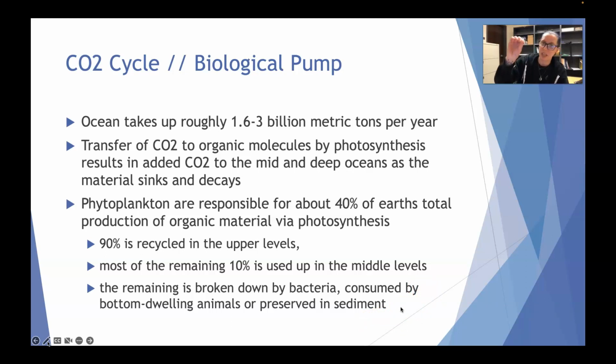So basically a way to think about this is that plankton do play a huge role in everything, and a lot of that plankton gets used up or eaten or taken up somehow in the upper levels of the ocean, and a very, very minute amount actually makes it down and is preserved in sediment.